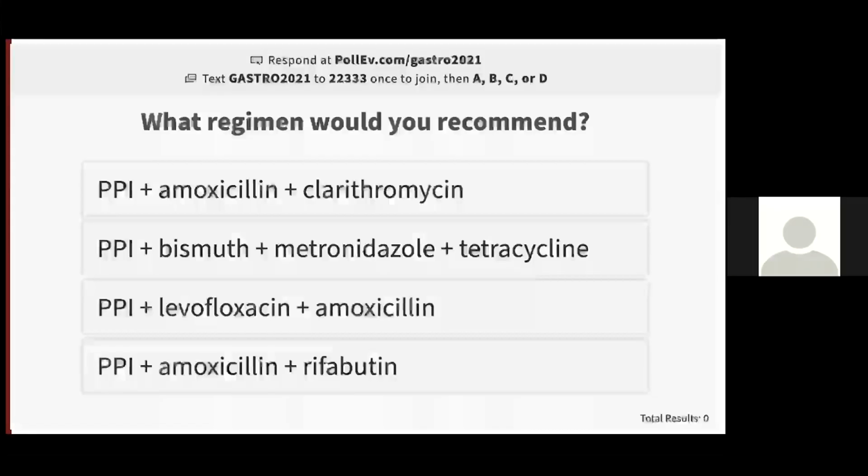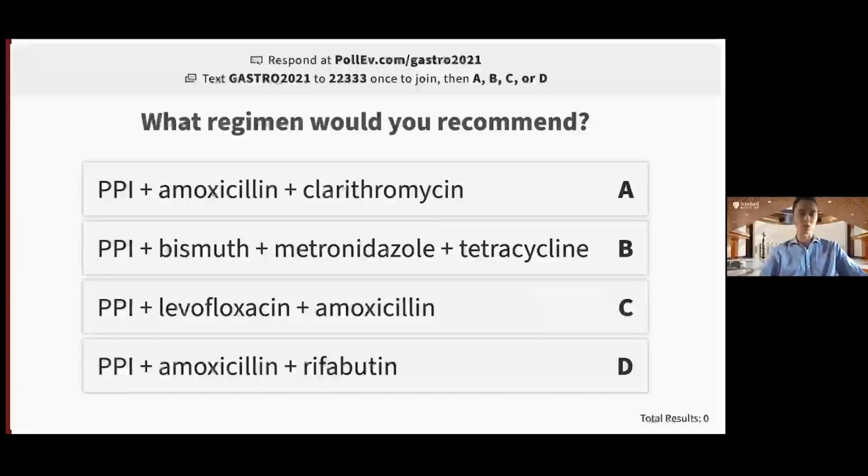The question here is, what regimen would you recommend for the treatment of this patient's H. pylori gastritis? A, triple therapy with PPI, amoxicillin, and clarithromycin. B, quadruple therapy, PPI, bismuth, metronidazole, and tetracycline. C, triple therapy with PPI, levofloxacin, and amoxicillin. Or D, triple therapy with PPI, amoxicillin, and rifabutin.